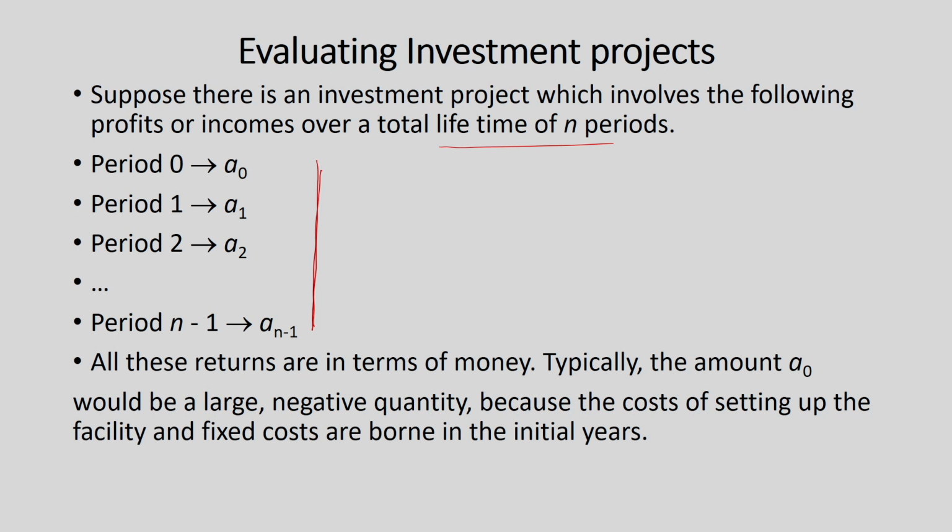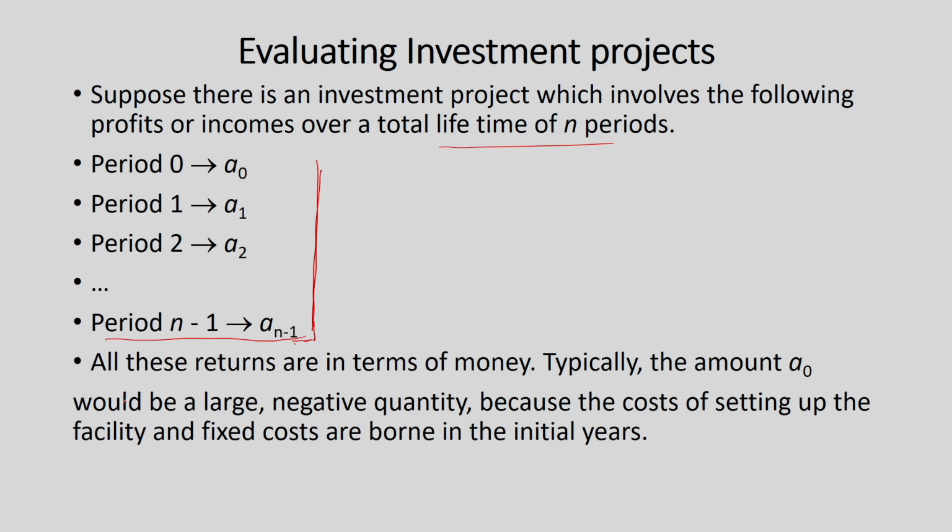In the first period, that is period 0, you are going to get A0, period 1 A1, period 2 A2, like that. There are a total of n periods, so the last period will be n minus 1, because we are starting from 0. In the n minus 1th period, the payment is A n minus 1.